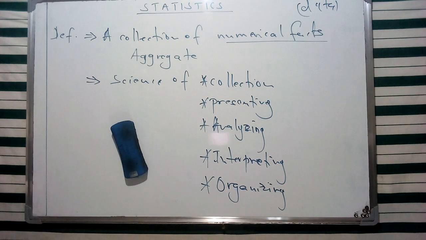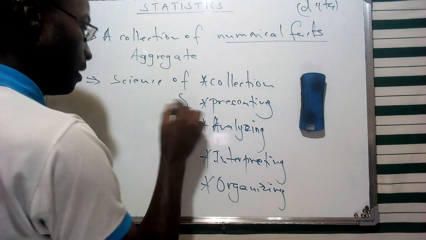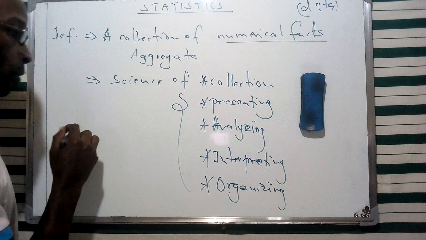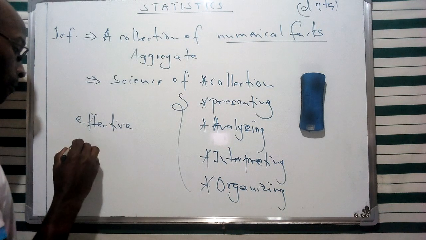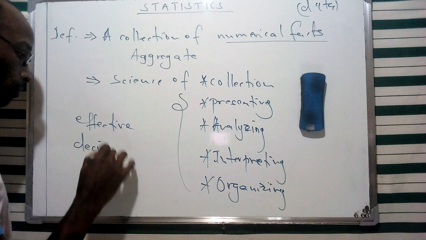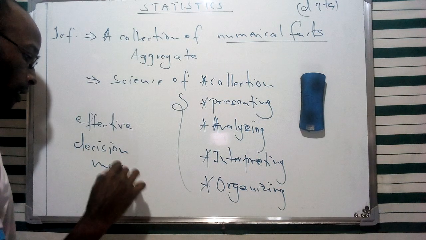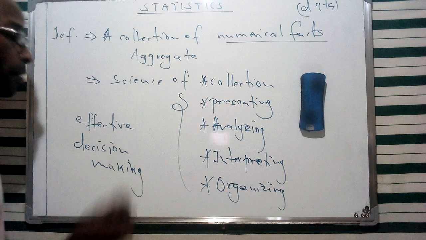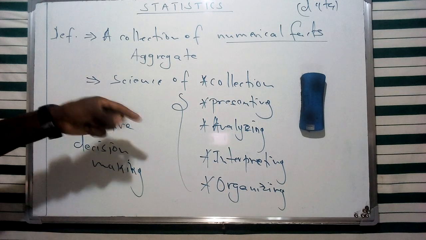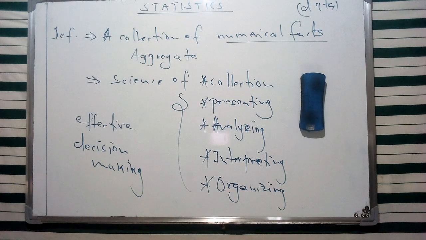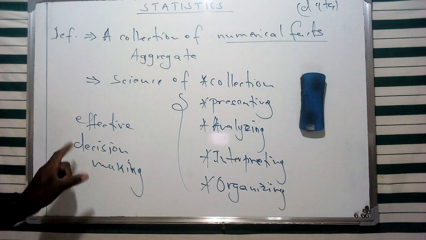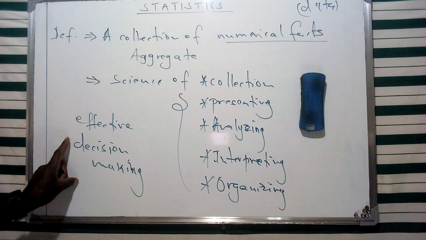This is going to be done with the intention of trying to come up with a way of making effective decision making. So the overall objective of this specific aspect of statistics, of collecting, presenting, analyzing, interpreting, and organizing, of course, this numerical data, is done for the purpose of assisting in decision making.